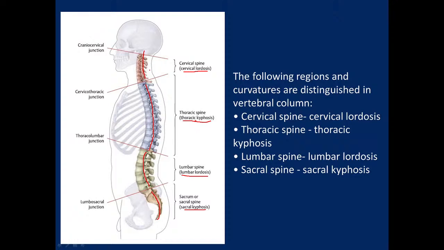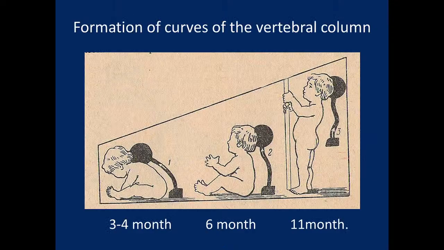They help humans to adapt for bipedal locomotion, when we use only our legs for moving. And the formation of all lordoses and kyphoses starts from the newborn period. A newborn child has only one thoracic curve.